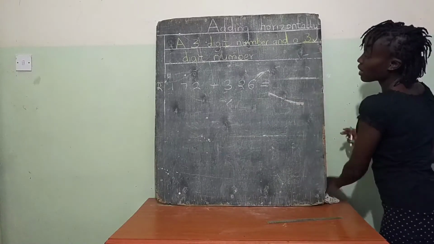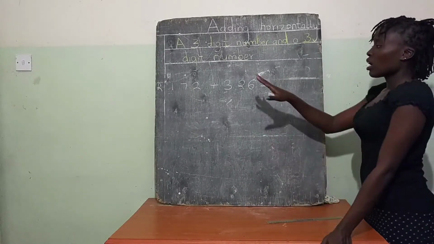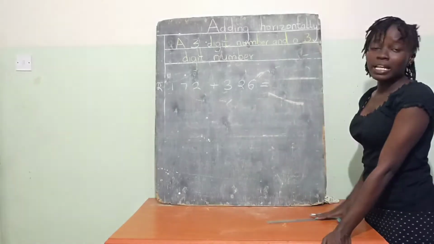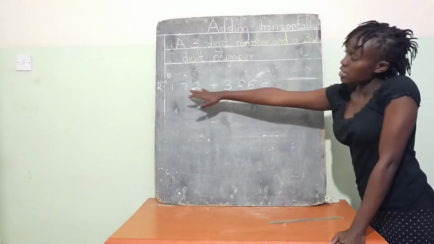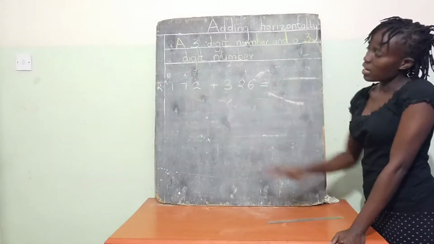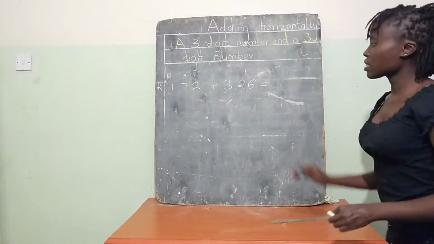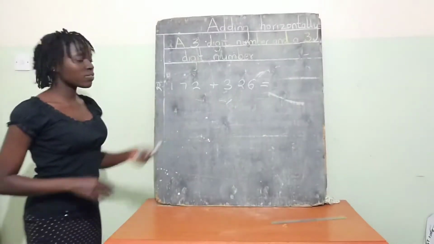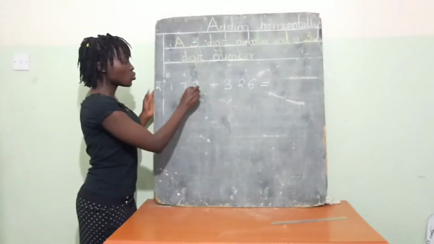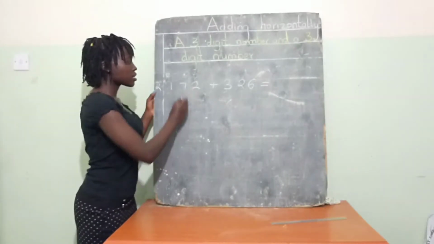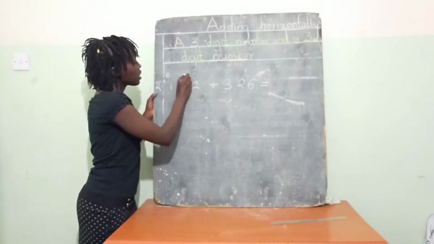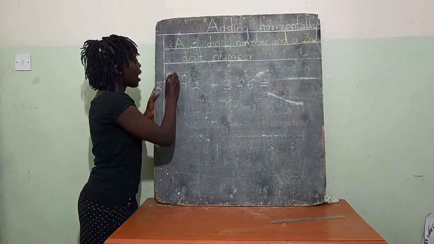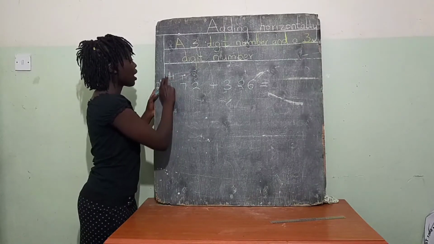We start by getting the place value of the two 3-digit numbers. Our first number there is 172. We get the place value of 172. 2 is ones, 7 is tens, and 1 is hundreds.